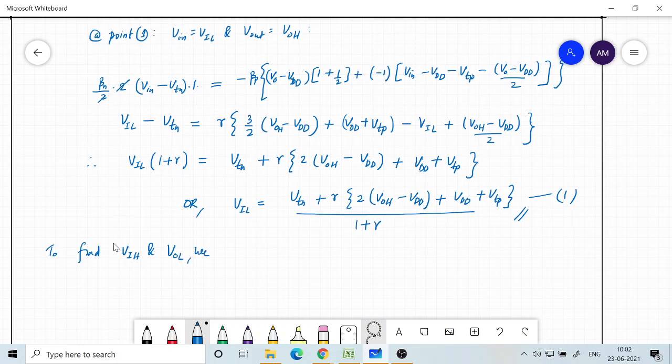We consider point 2. Now in point 2 what happens? NMOS is in triode region and PMOS is in saturation, just the opposite.